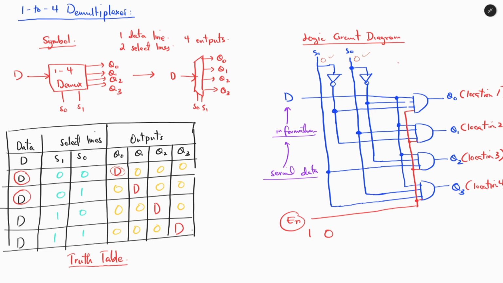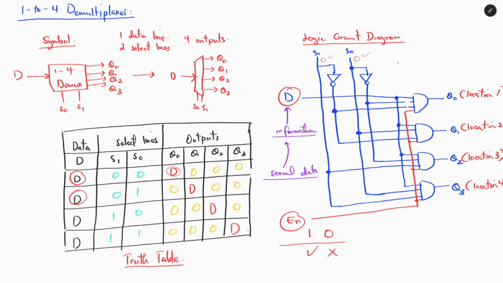So whether we have any input at the data line, and whether the select line is 0, 0, 0, 1, 1, 0 or 1, 1, it doesn't matter because the control now is on the enable. If we want to allow the data from the input to pass through any of these outputs, we have to enable the circuit. Otherwise, we have to disable the circuit by applying a logic 0 at the enable pin.